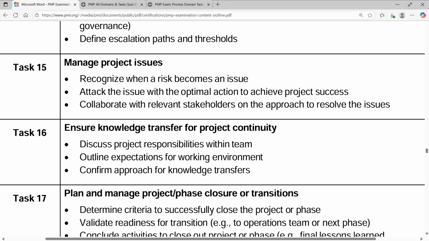Attack the issue means you've chosen that alternative and that's your weapon to attack it. The third bullet states, collaborate with relevant stakeholders on the approach to resolve the issue. So that will be generating alternatives and choosing the best alternative, which was part of the question that we looked at.